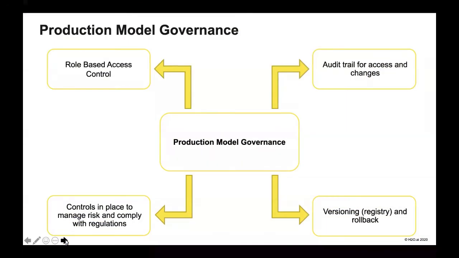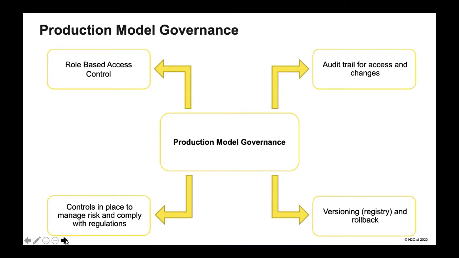So production model governance is oftentimes the most overlooked area of operations, but shouldn't be. We should be thinking about this, especially as folks who are concerned about production operations.